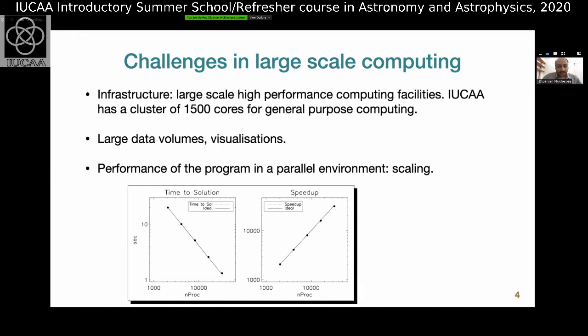For example, the left-hand side of the plot shows one particular problem, with the time taken for the solution on the y-axis and the number of processors on the x-axis.